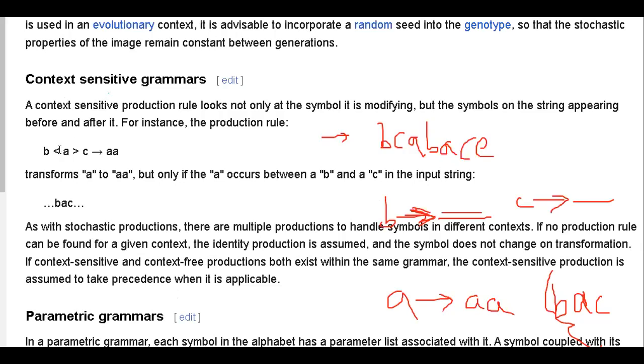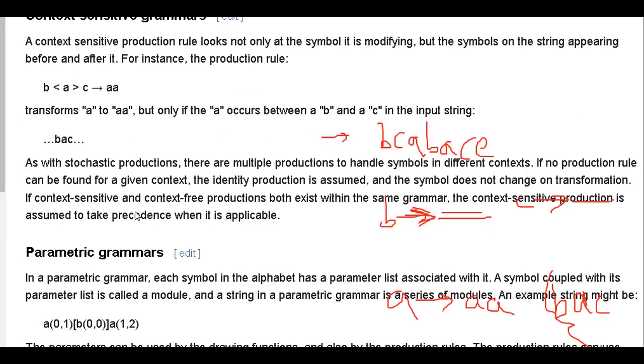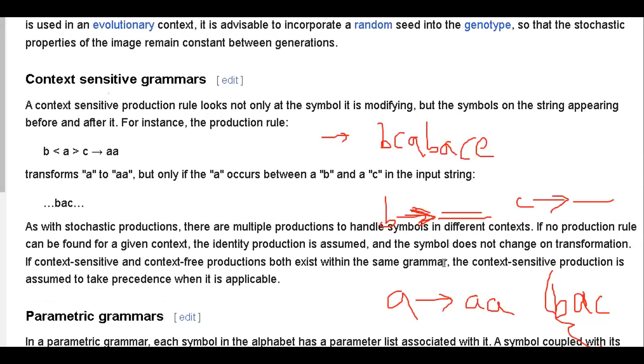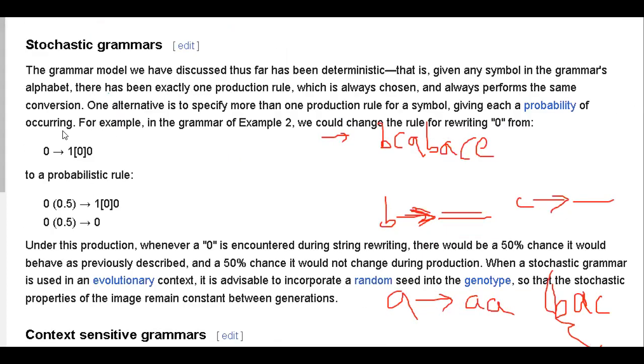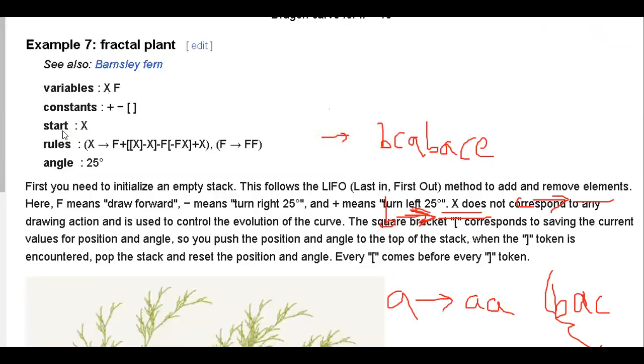So this one depends on the neighbors, so this is context sensitive grammars. It's not only the symbol that is modified, but also the symbols appearing on the string, that is very important, you can define it that way, right? And the other type is context insensitive grammars.